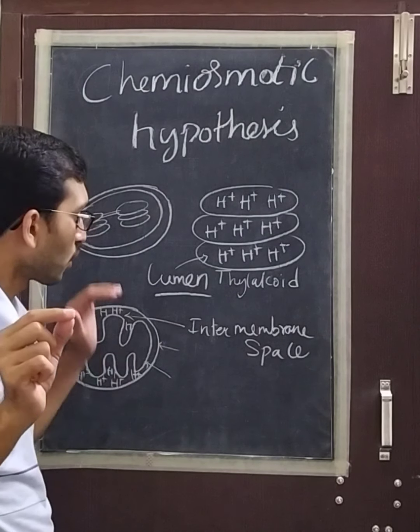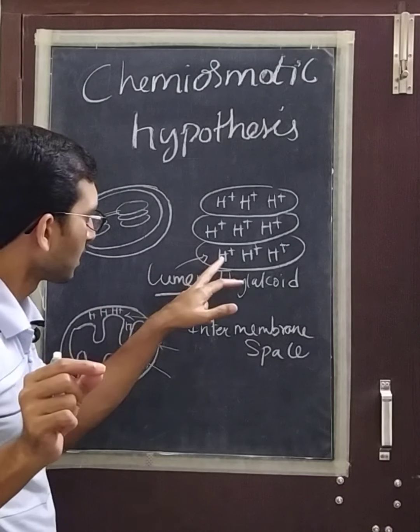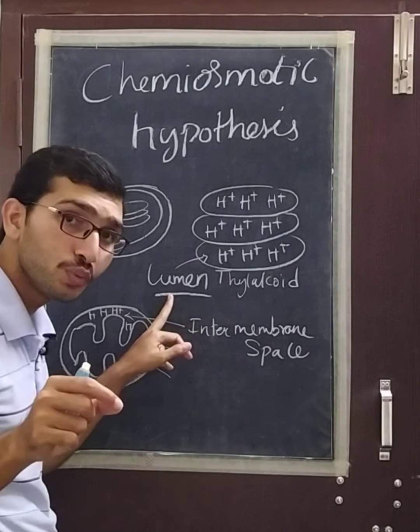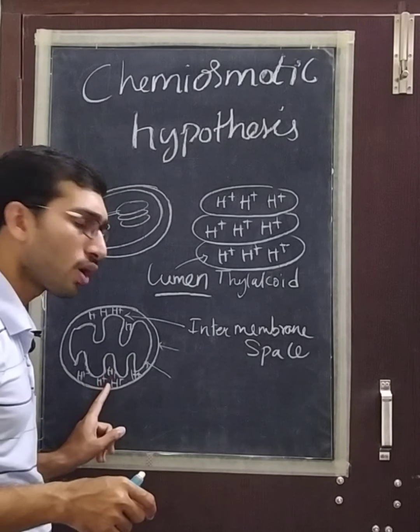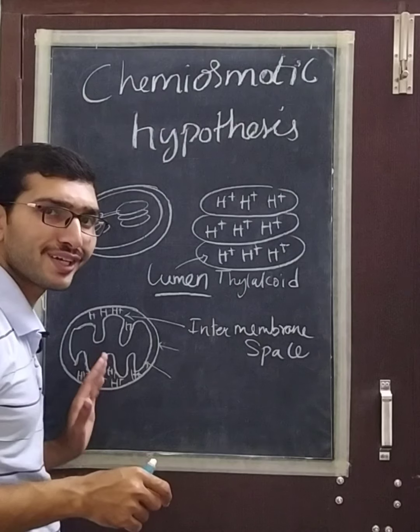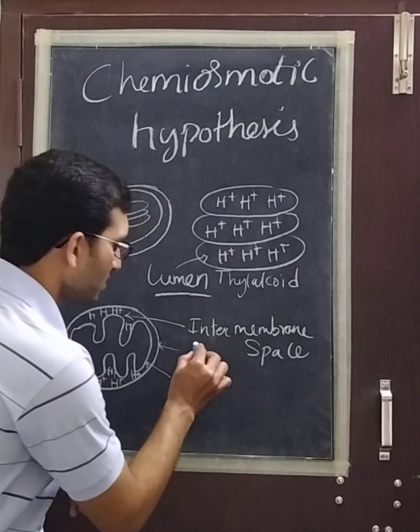Remember that in chloroplast, the proton gradient is made inside the thylakoid, that is in the lumen, whereas in the mitochondria the proton gradient is made in the intermembrane space.